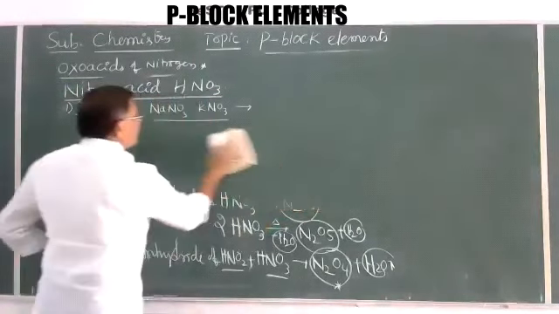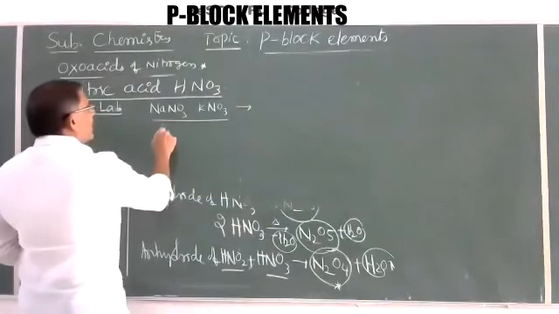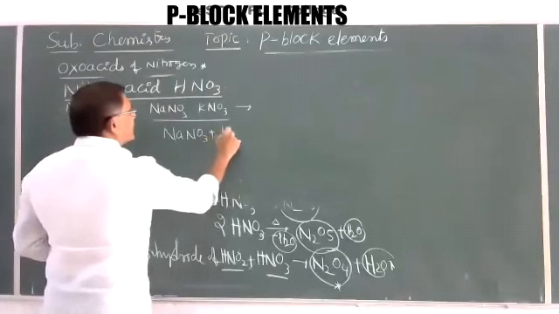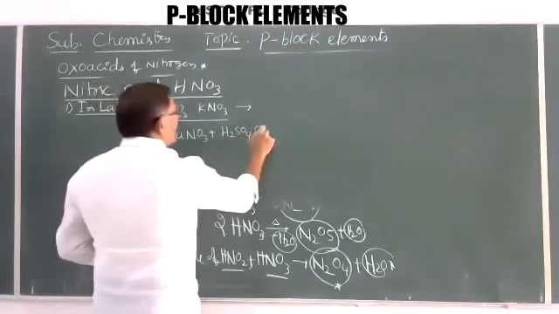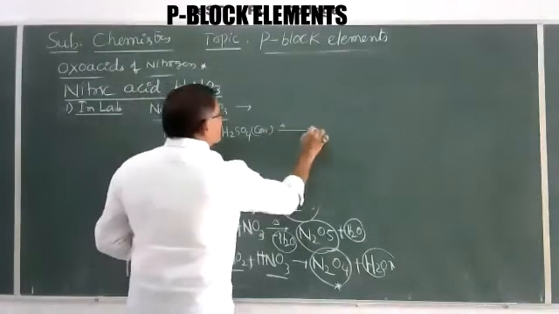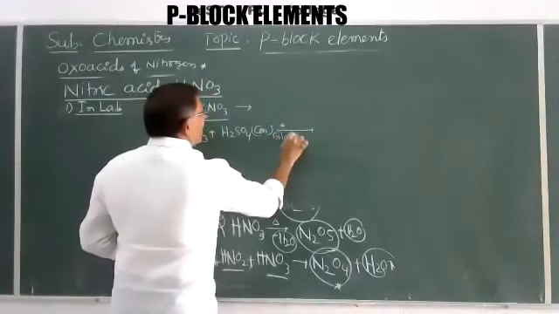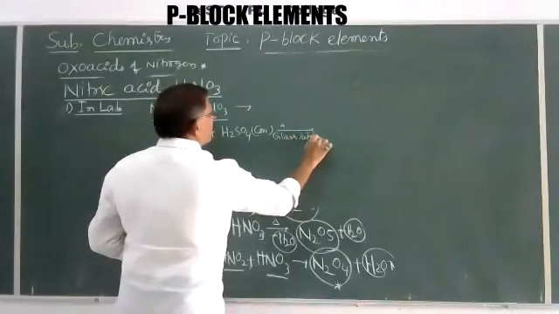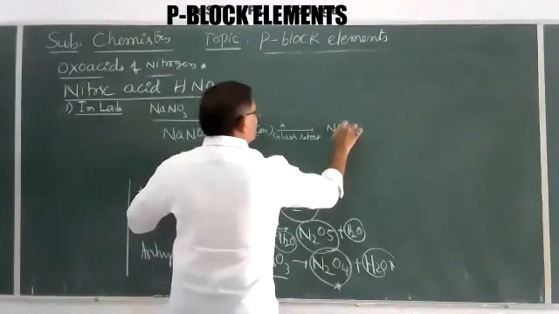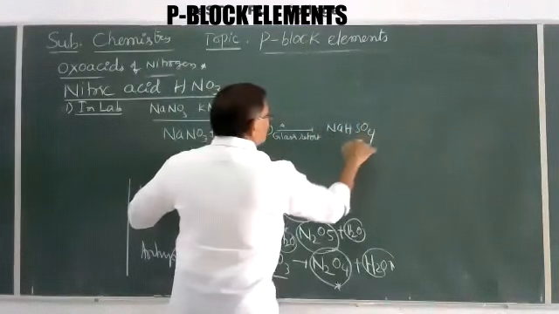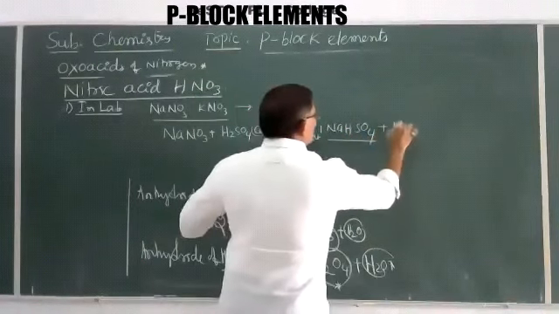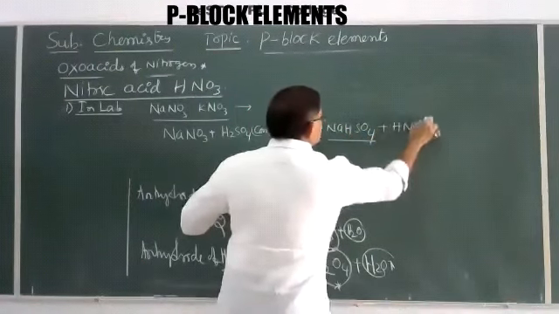Now here NaNO3 is reacted with concentrated sulfuric acid, H2SO4. This is heated in a glass retort in the laboratory. It gives NaHSO4, sodium bisulfate, plus HNO3, nitric acid.